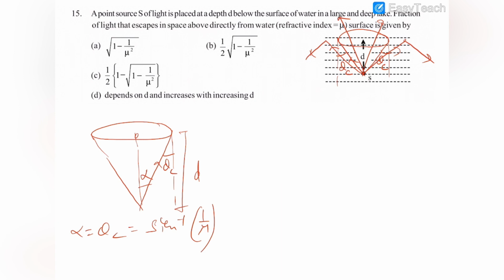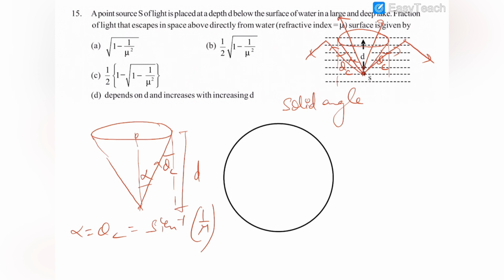Now the solid angle of a complete sphere is 4 pi. Let us imagine that this source has a sphere around it, and the intensity of light escaping out of this sphere is I naught.